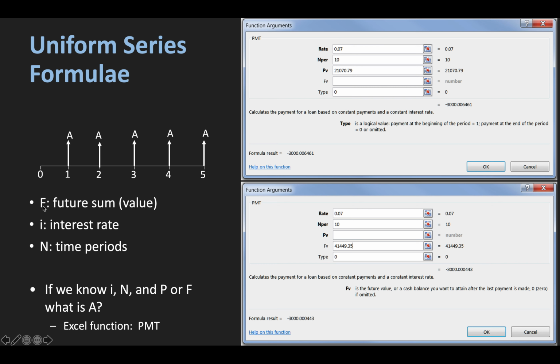Sometimes we have future value. We have I and we have N, the time period. How do we calculate A? So basically, what are the values at each time period?